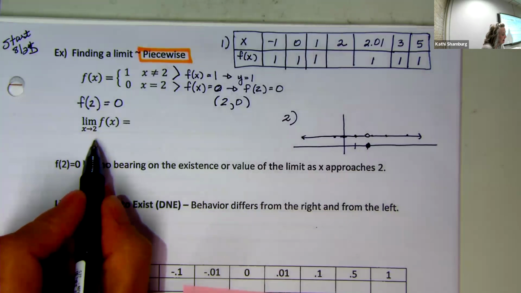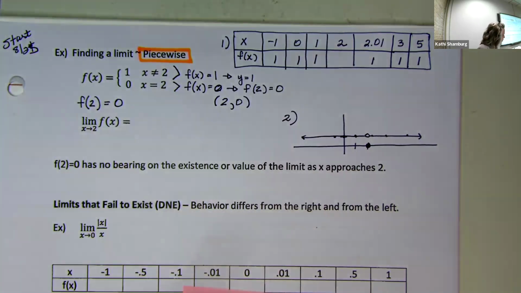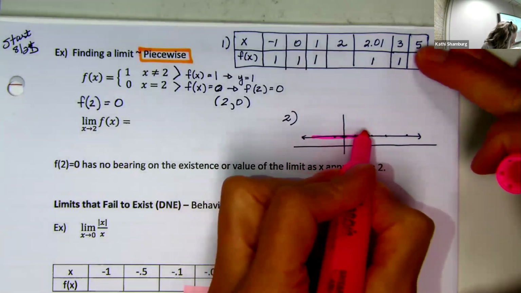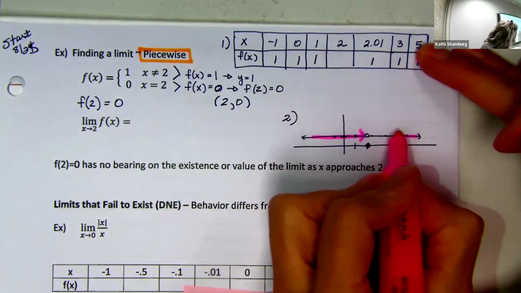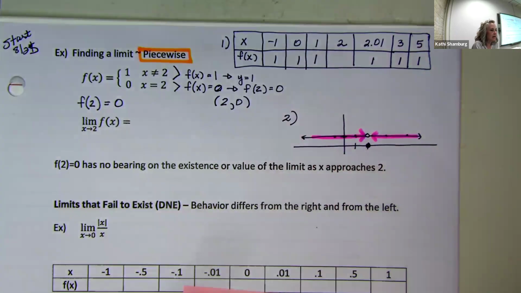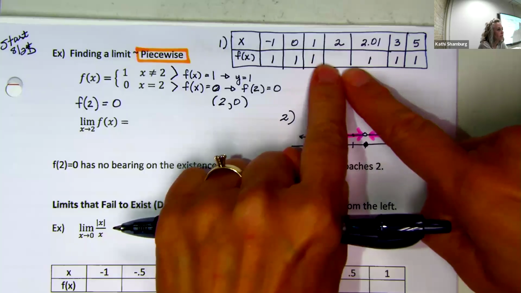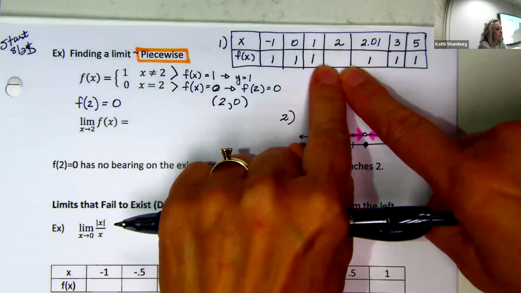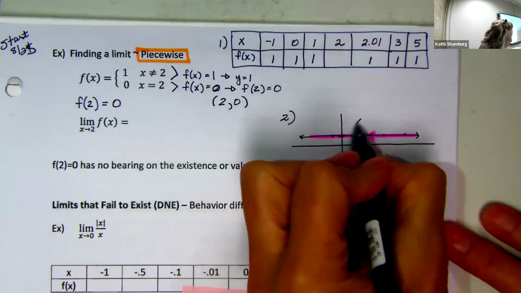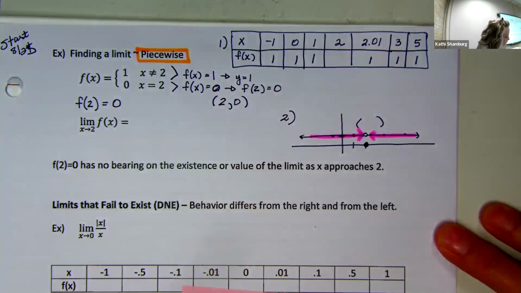That is a different question than the limit. The limit is saying that as you approach 2 from the left and as you approach 2 from the right, what output is it approaching? What is this table approaching? What is this ordered pair of your open circle? Is it (2, 1)? So what is the output that it is approaching? 1.